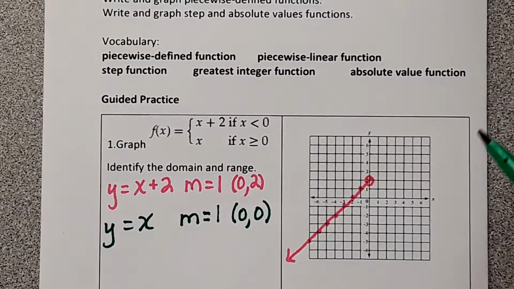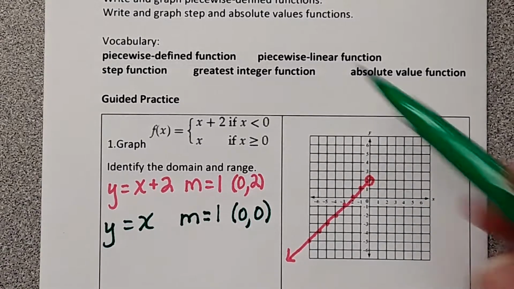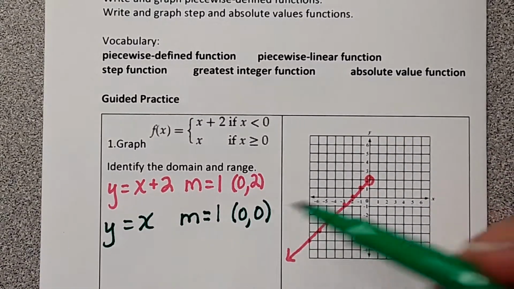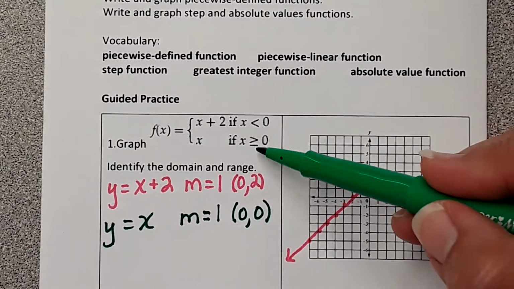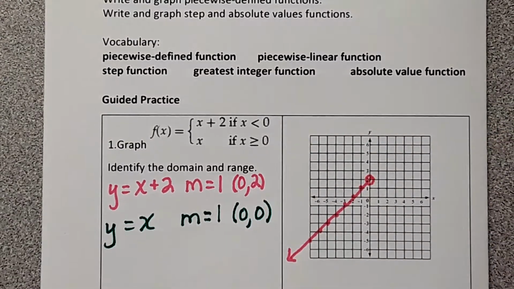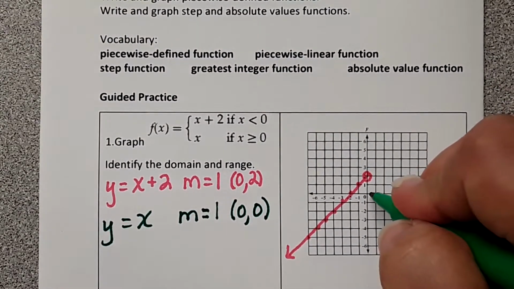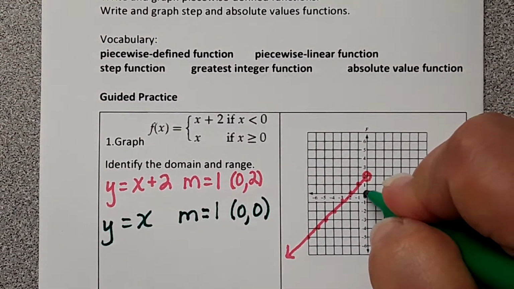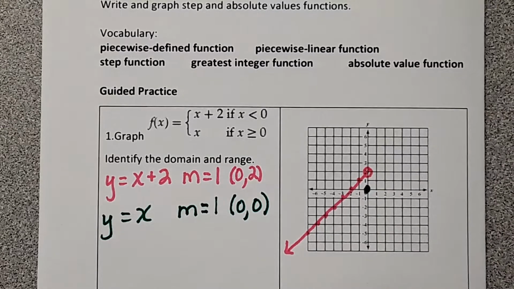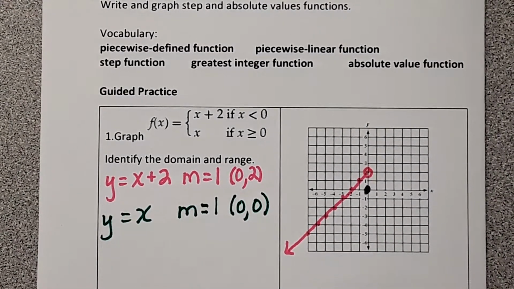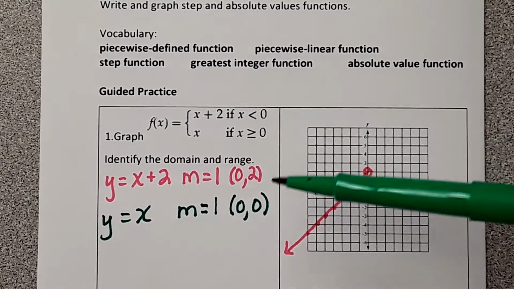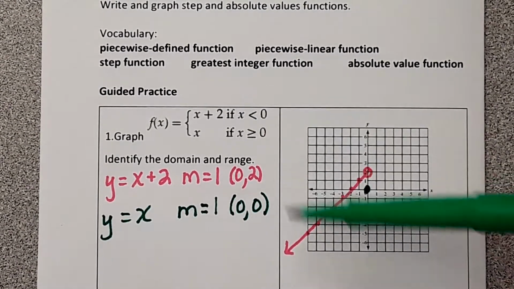Now, right here, we're going to graph this one. Now, see where it says x is greater than or equal to 0. So that means it can include 0. So on our y-intercept, we're going to put a closed dot. Okay, so now you guys, we're going to graph it.